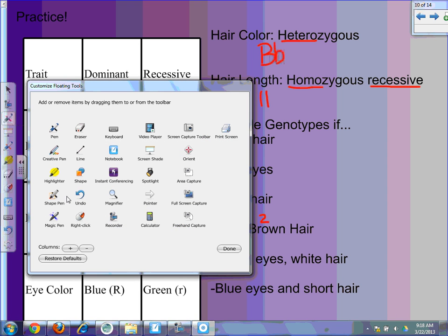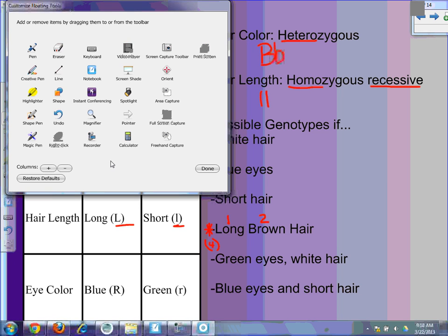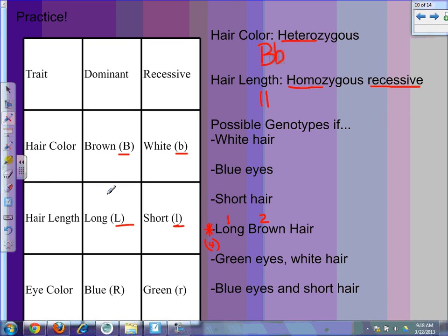So let's look at long and brown. Remember, long is represented by L's, brown is represented by the capital B's. You have to have 2 alleles for color and 2 alleles for length. Let's get the obvious one out of the way first.